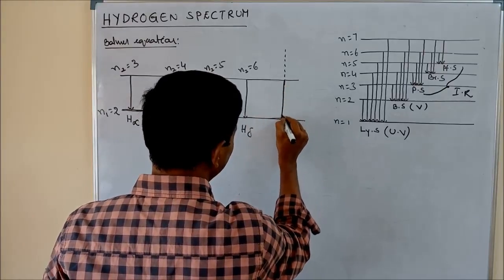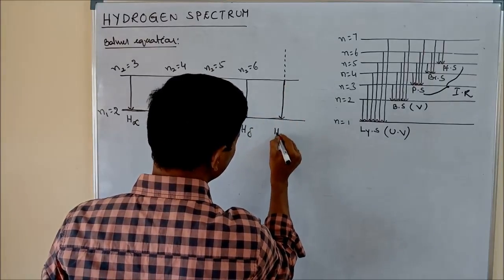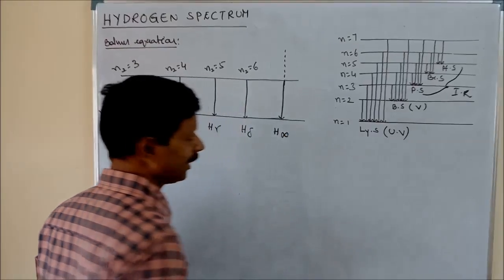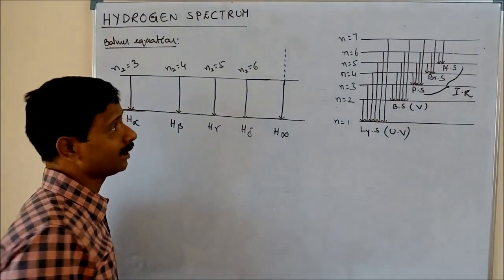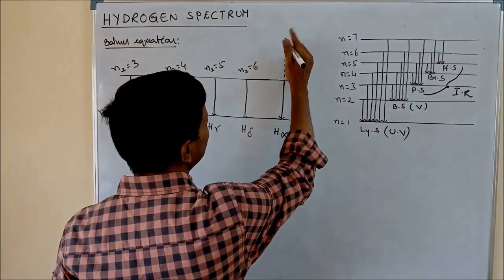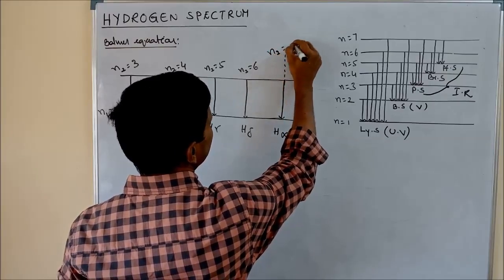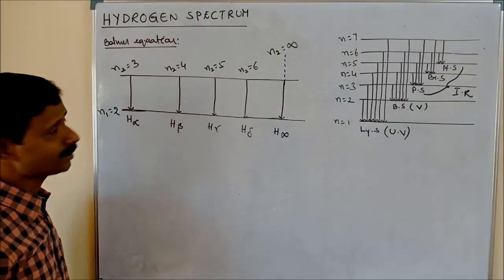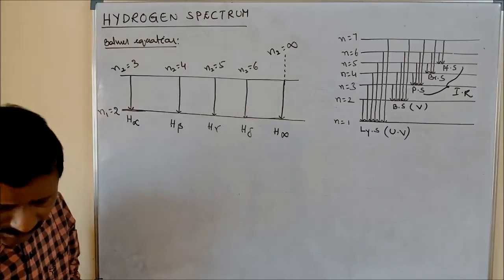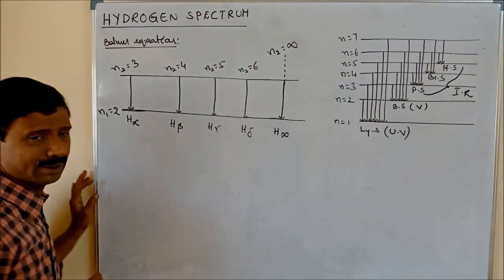So here also we are getting one line. This is what we call H infinity. So here N2 will be considered as infinity. In that way, in Balmer series, we are having different lines.